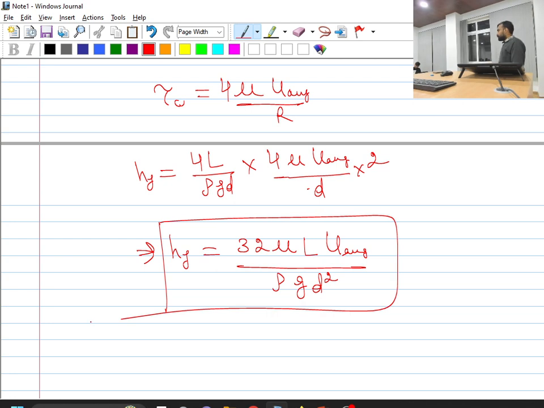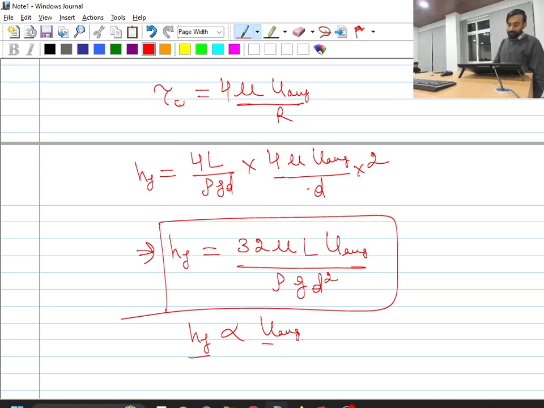Okay. So the important conclusion is that whatever Hagen has experimentally observed, we are able to see the same thing theoretically. For laminar fully developed flow condition, I can see that my HF is directly proportional to U average, where HF is nothing but our pressure drop. Okay, head loss, and that is identical to pressure drop plus potential head. So if my pipe is horizontal, then it will be simply equal to pressure drop.